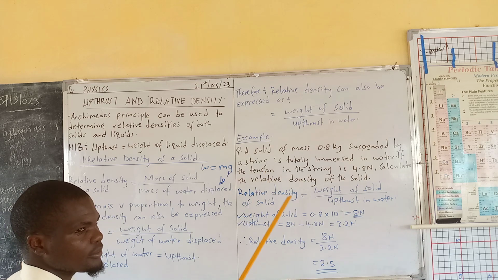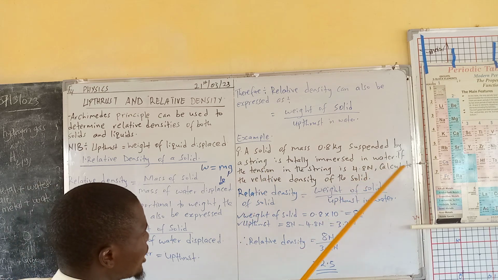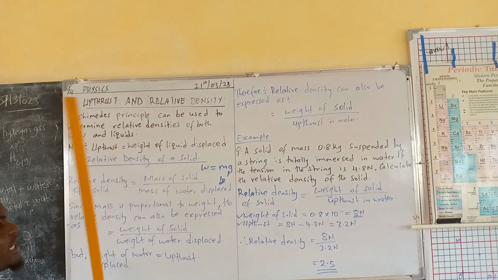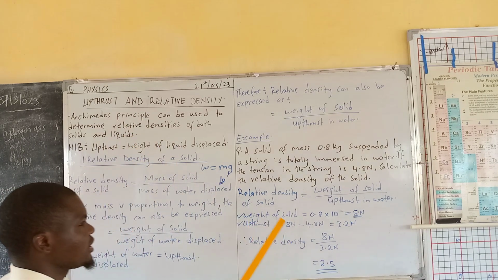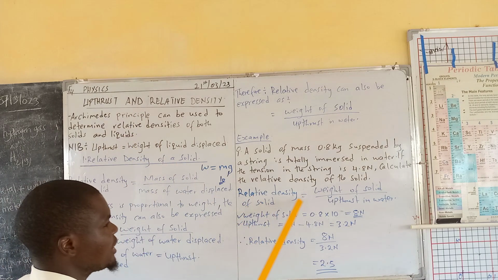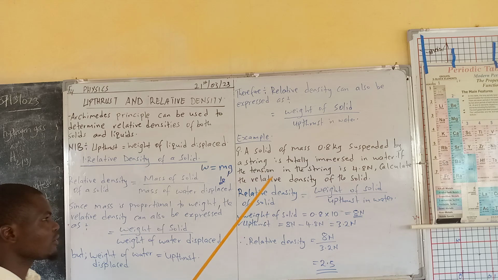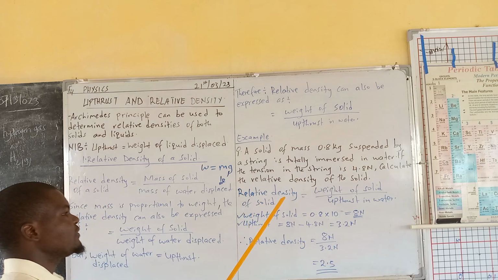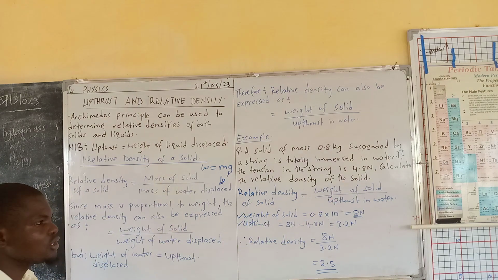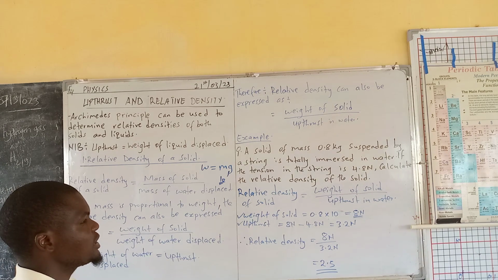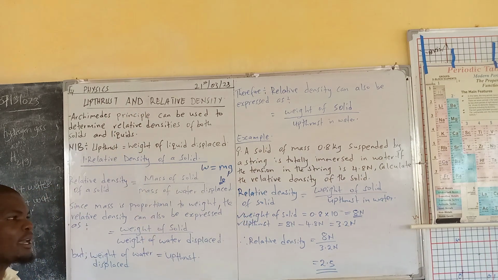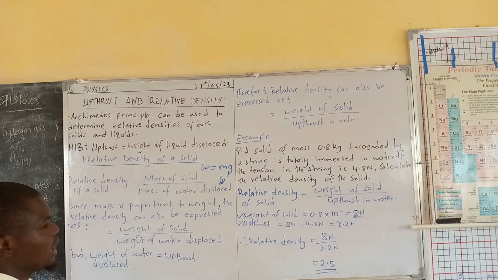We are told to calculate the relative density of the solid. First, you have to write the formula: relative density is given by the weight of the solid divided by upthrust in water.